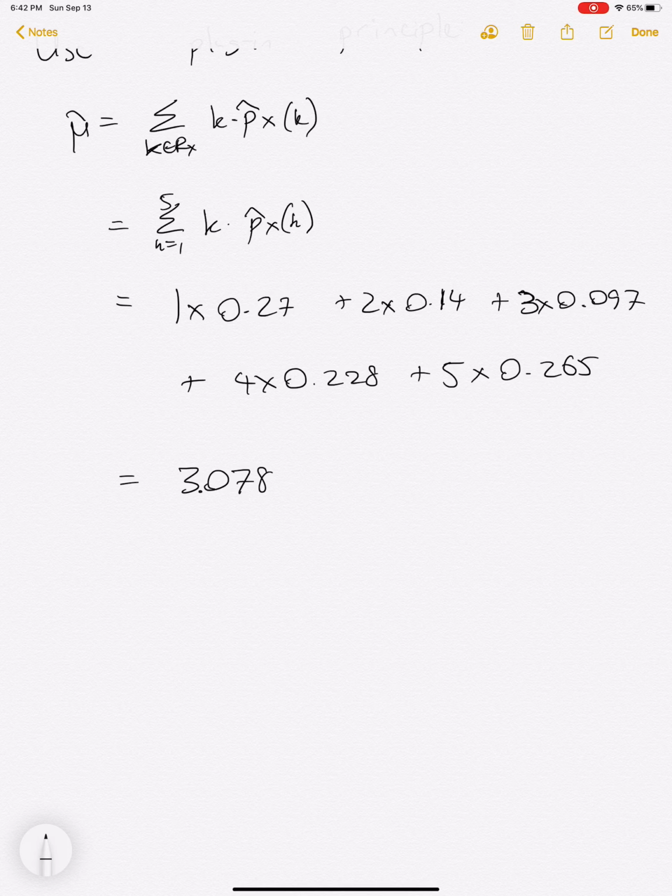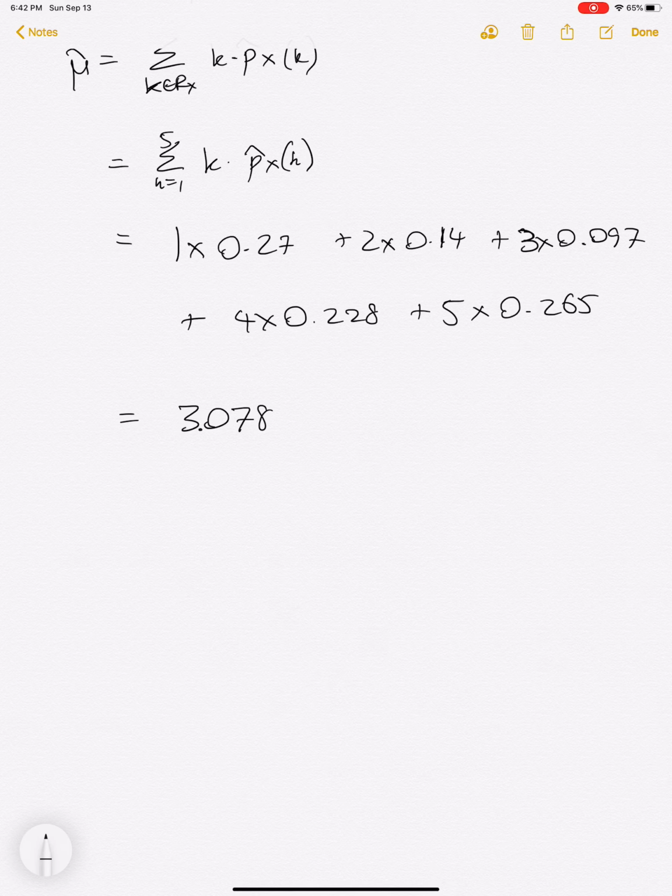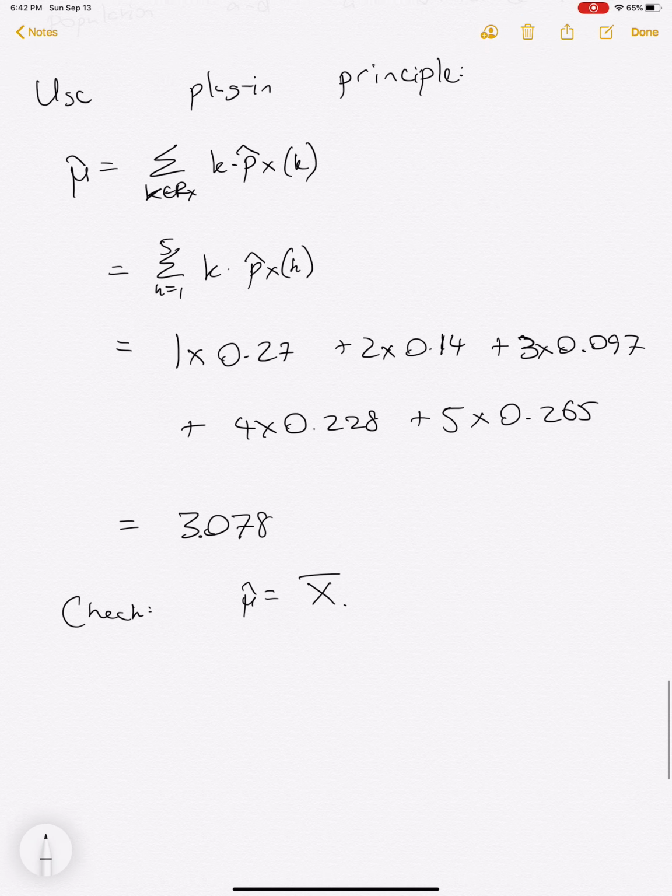So if you looked at something different like the median, it would be a lot higher than this average rating. You can also check that mu hat here is equal to x bar. I've done this calculation specifically using the sample PMF so that we're using the plug-in principle.